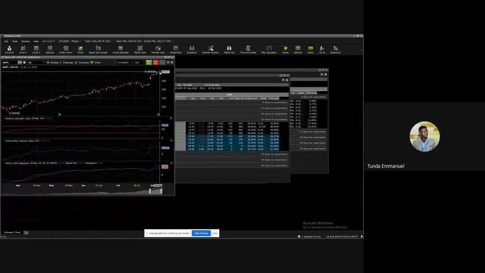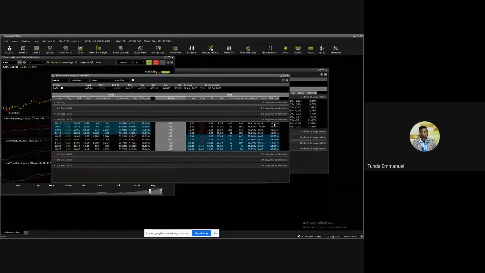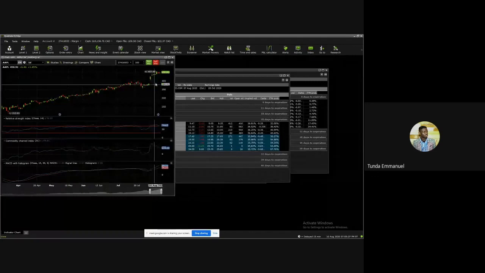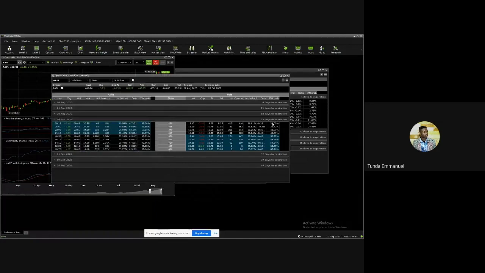Because right now it is trading at 450, but now they can tell you how much percentage you have for this stock to go back to 430. That's what this percentage means, because it is a put. But there is also 68% for this price to be above 430, because this is a call. A call is for up, a put is for down. So you buy a call when you believe the price will go higher, and you buy a put when you believe the price is going lower.